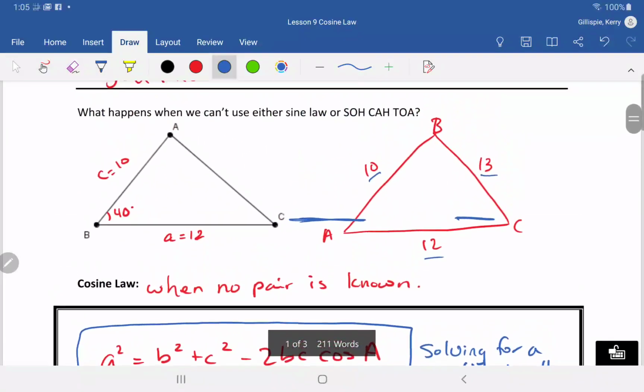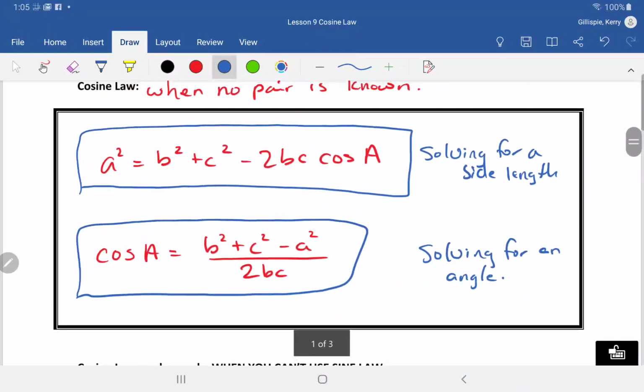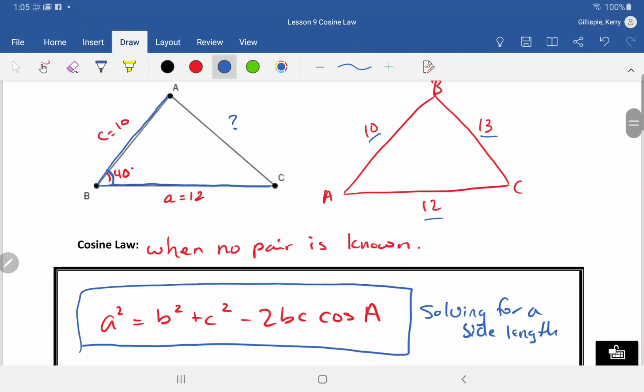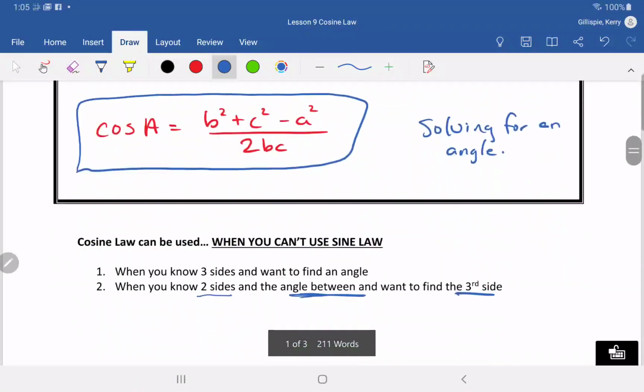That was this situation. You know 2 sides, you know the angle between, and you want to find the third side. Okay, those are the 2 times we're going to use it. We're going to start with this first situation here on the left because it's a little bit easier. So we're going to use this version of the formula first.